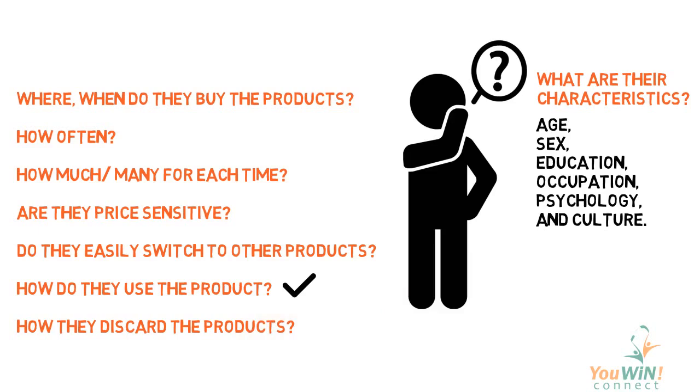The question of how they use the product is extremely important, because we might make the product for something else and then the customer uses the product for something else. There are several examples of this.